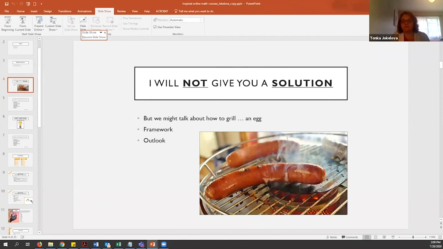I hope to give you a different outlook on how to think about course design when it comes to student engagement, when it comes to designing items and elements that will give the student that push just to try a little bit harder, just to be a little bit more in the course. And also, I will not deny or admit that we will talk about grilling and egg. So just think about that, and hopefully we'll come back to it later as we go.